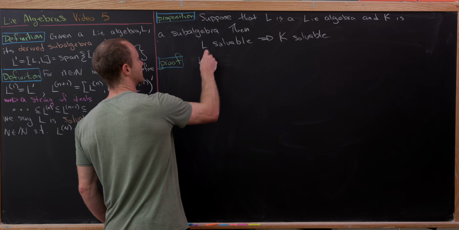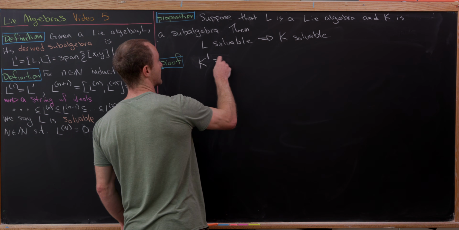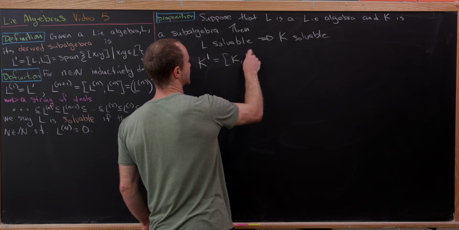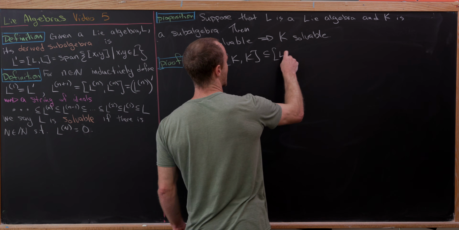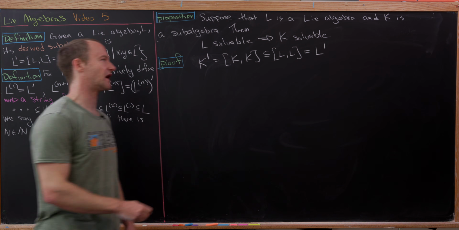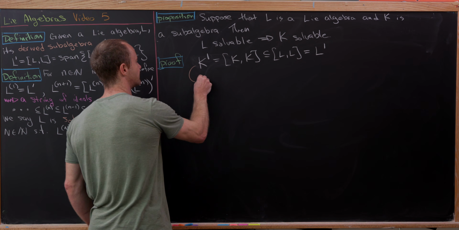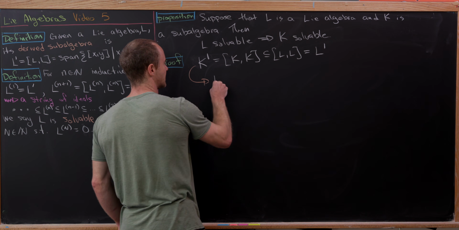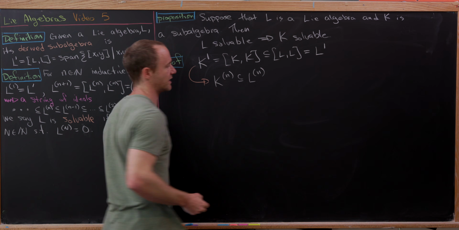Well, let's notice that the derived subalgebra of K is equal to the bracket of K with itself, which is pretty clearly a subalgebra of the bracket of L with itself, which is equal to the derived subalgebra of L. And then inductively following this, we get K upper n as a subalgebra of L upper n.